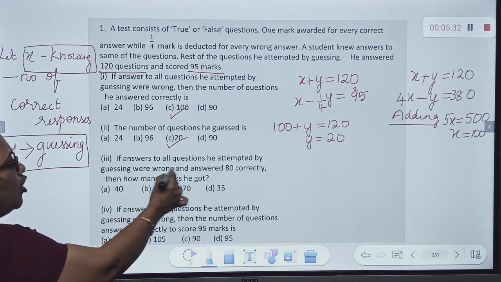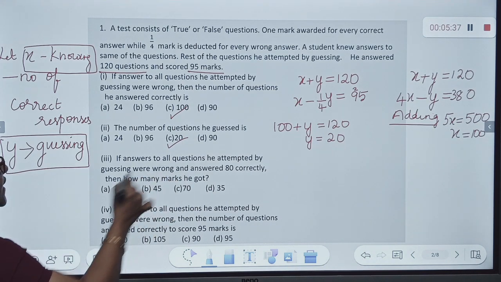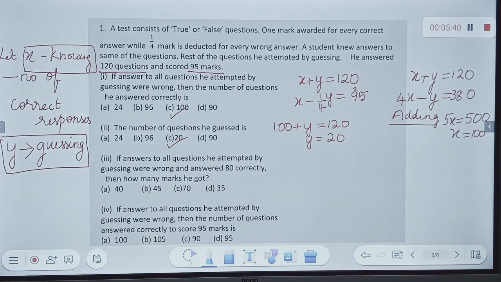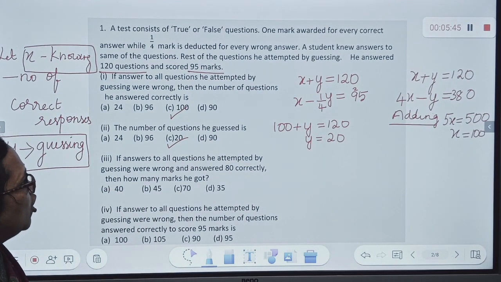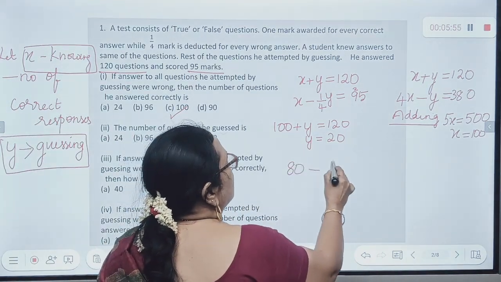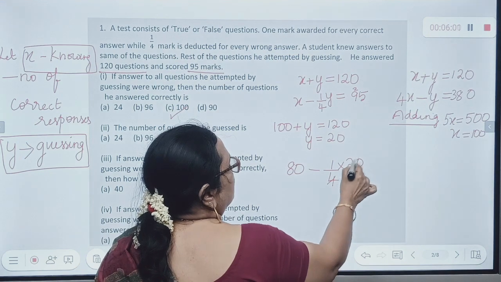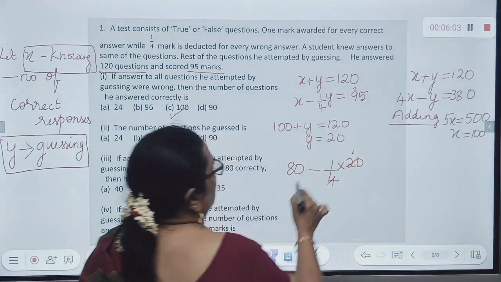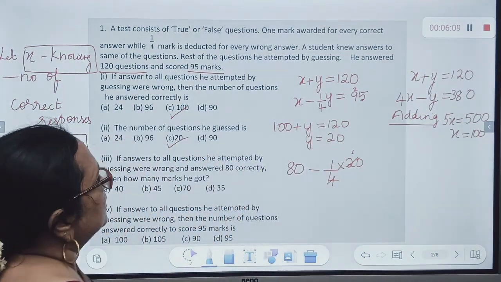Now, if answers to all the questions he attempted by guessing were wrong and he answered 80 correctly, then how many marks did he get? So all the y questions that he is attempting are wrong, and he got 80 correctly. Then how many marks did he get? So, 80 minus 1 by 4 into y. Sorry, this is 120, so y is 40.